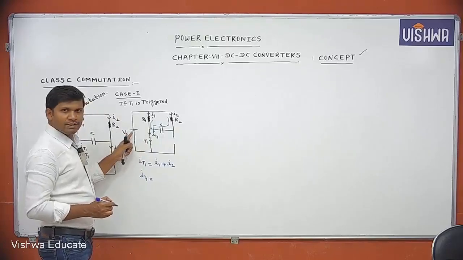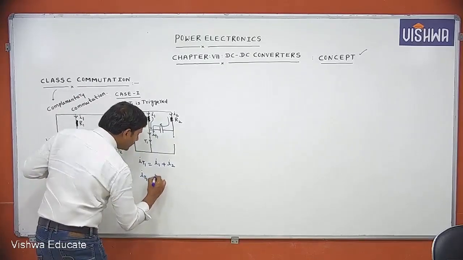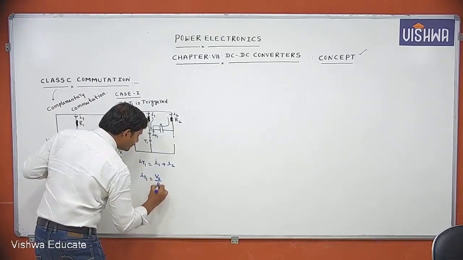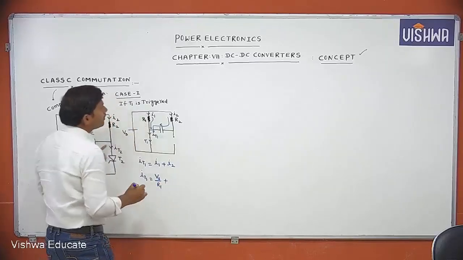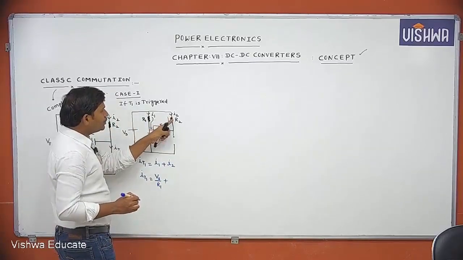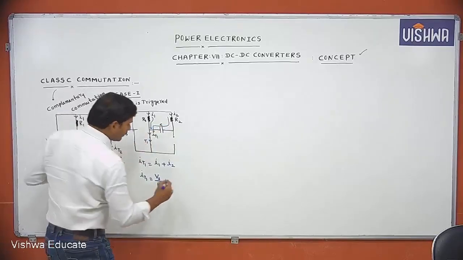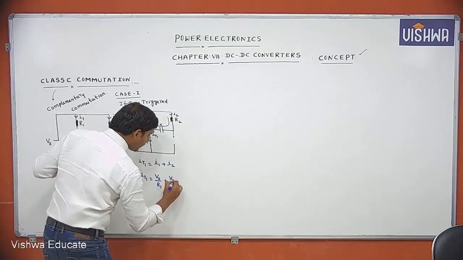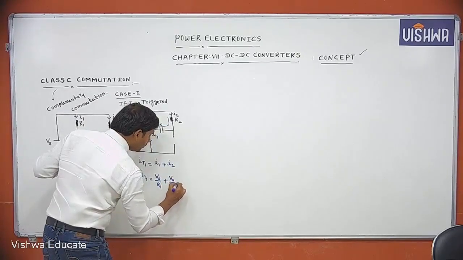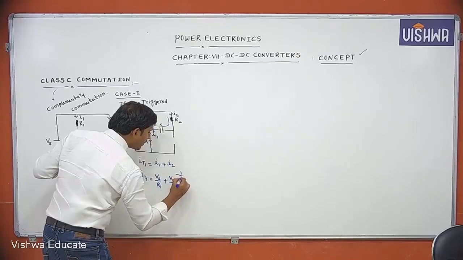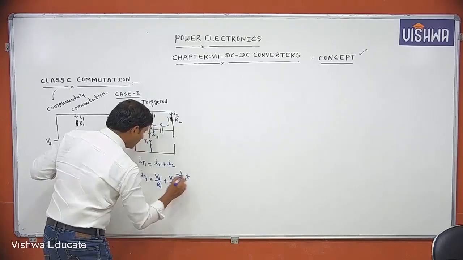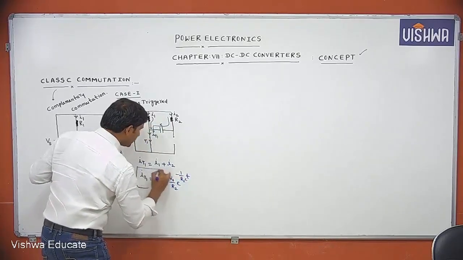The supply voltage is Vs, so it is Vs by R1. This is the current through R2 and C. It's just like an RC circuit current: Vs by R2 into e power minus 1 by R2C into t. This is the current through the T1 side.